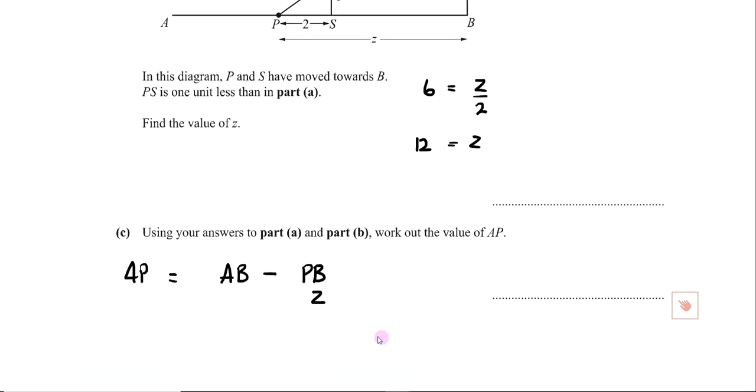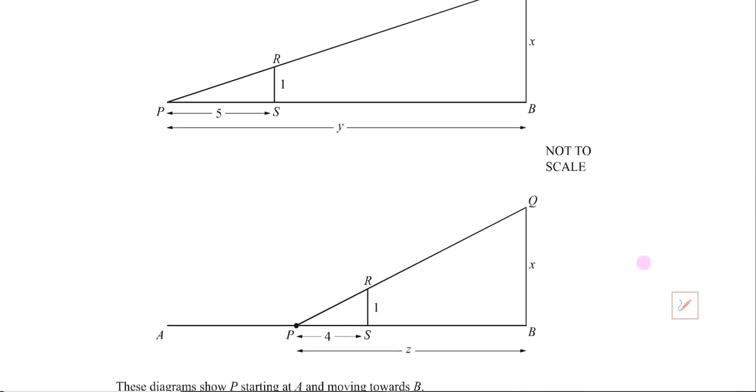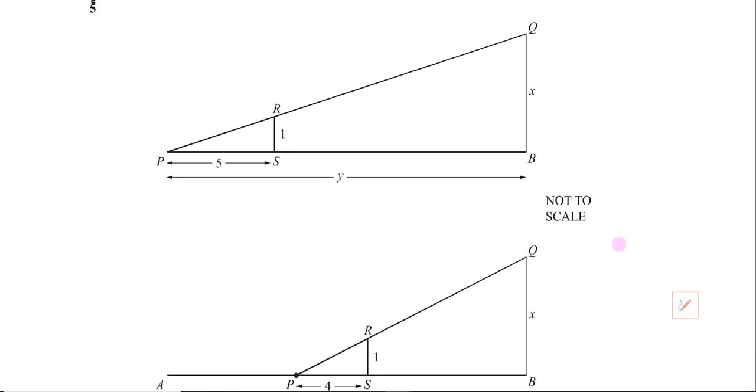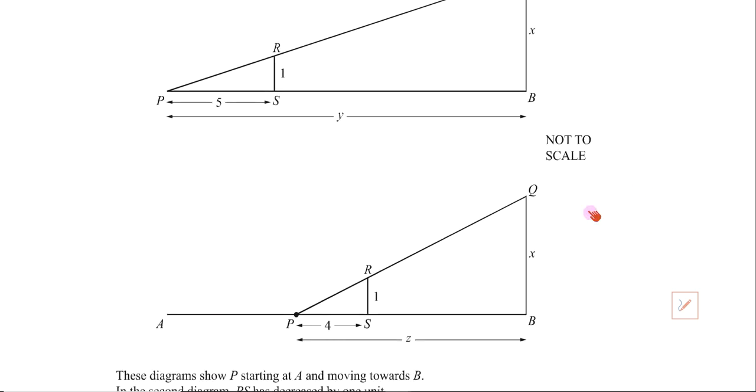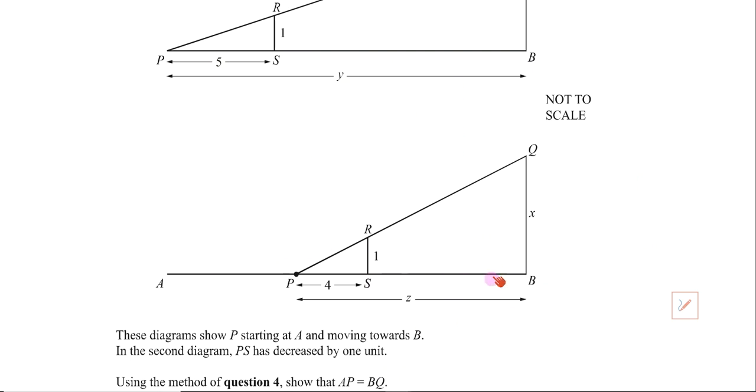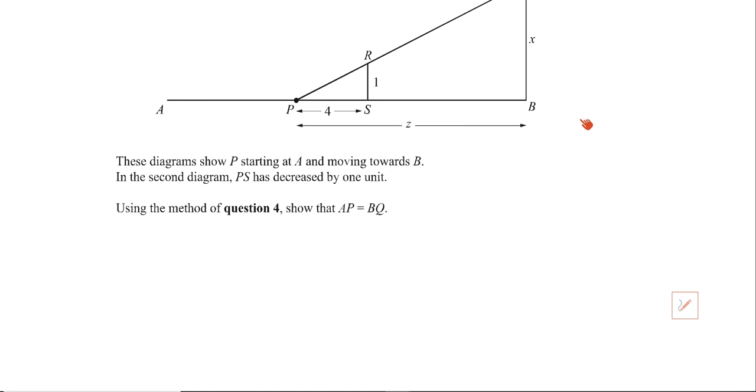The original AB was y. So what was it before? 18. So I've got that is 6. So I'm thinking through my process, that's what I'm doing. So we've got now 5y goes to 4z. You notice it's as they said, it's dropping by 1. That distance. Use your method for question 4.